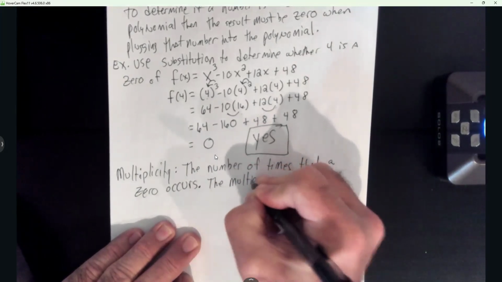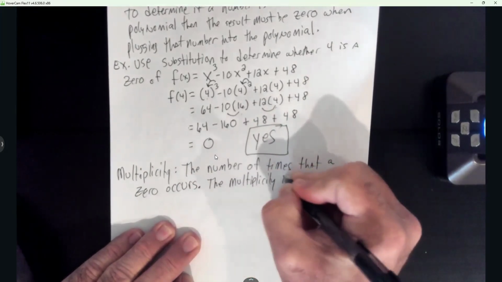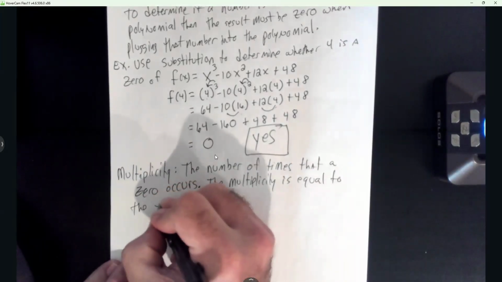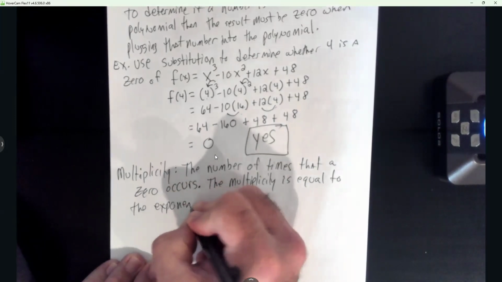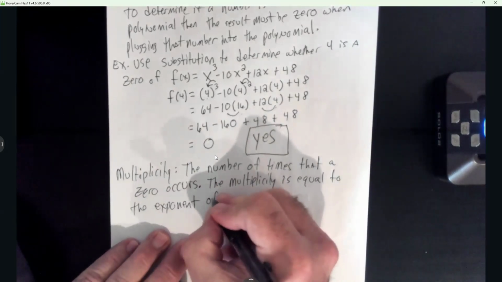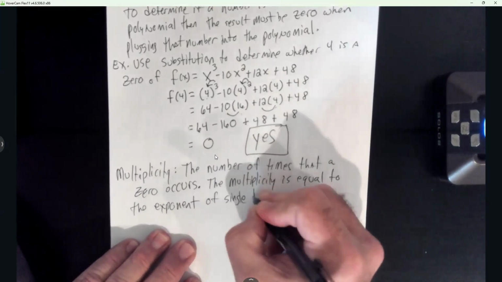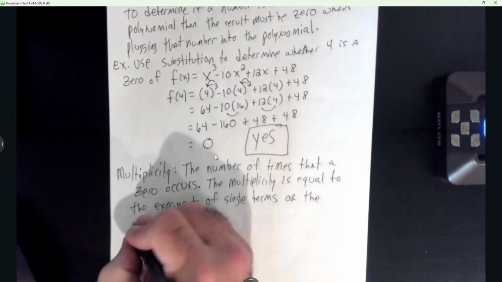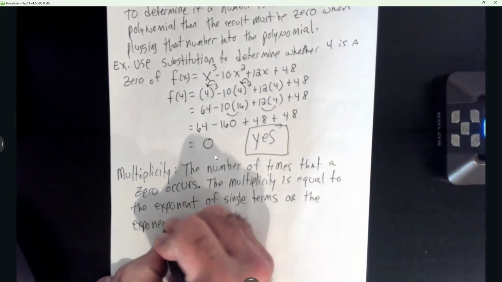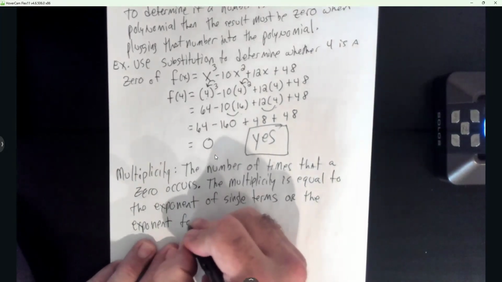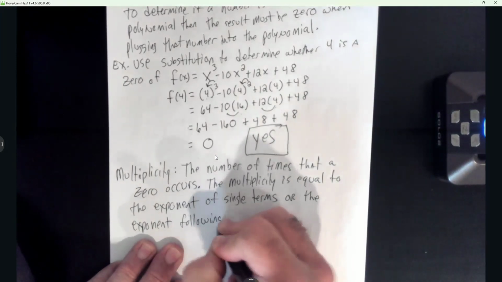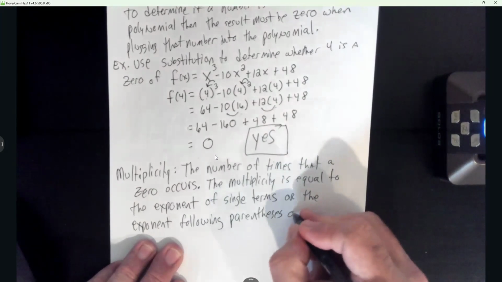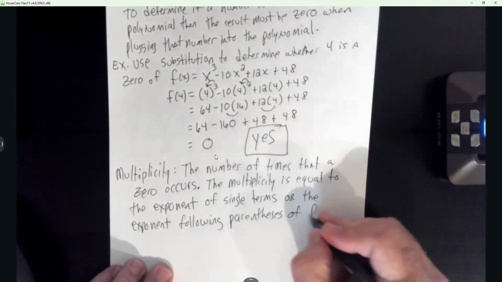The multiplicity is equal to the exponent of single terms or the exponent following parentheses of factored forms.